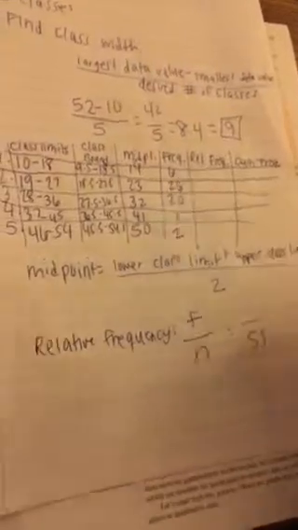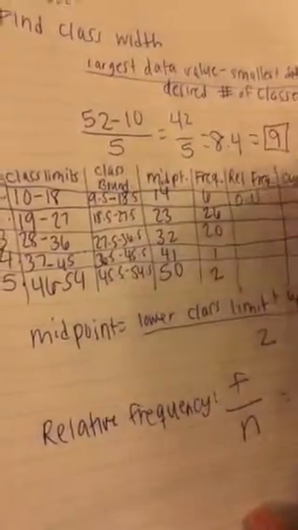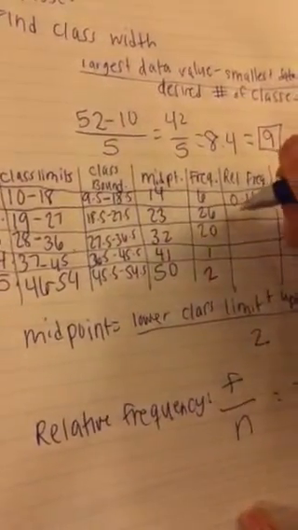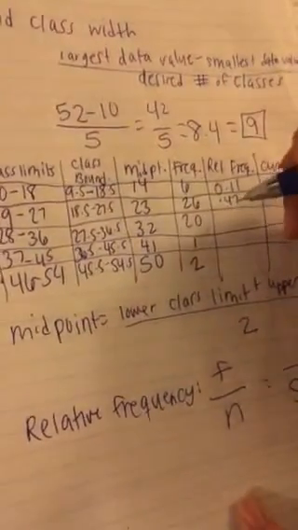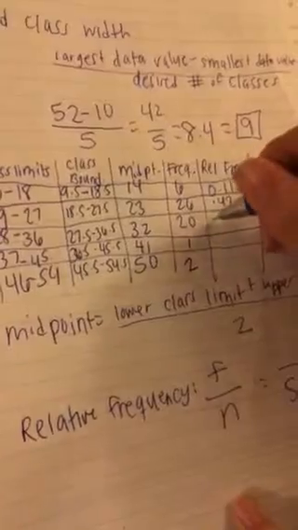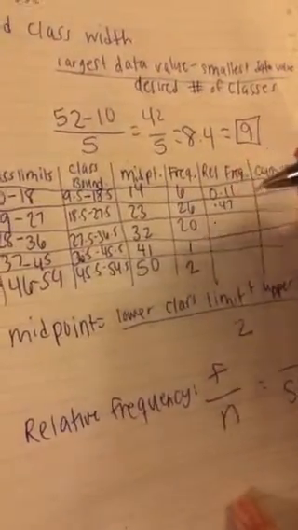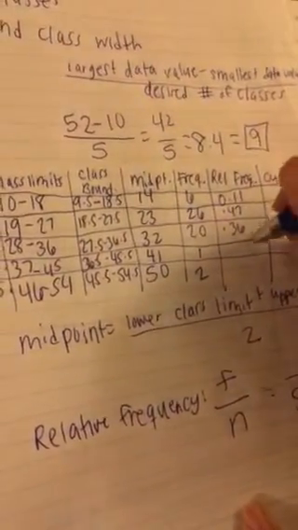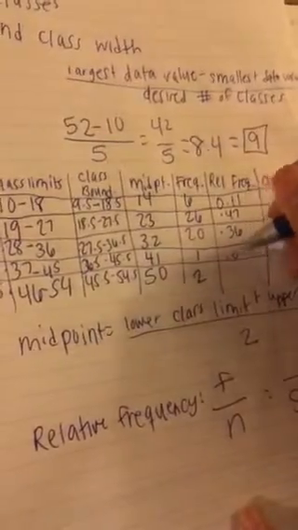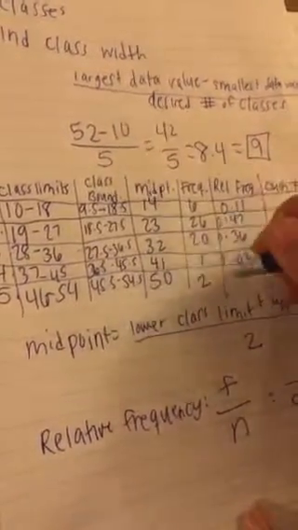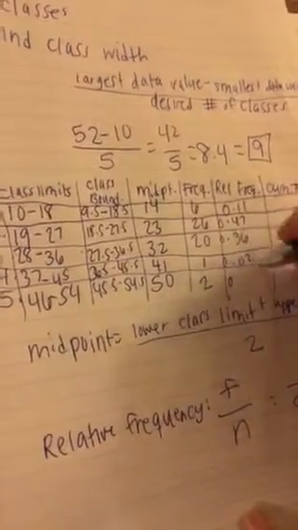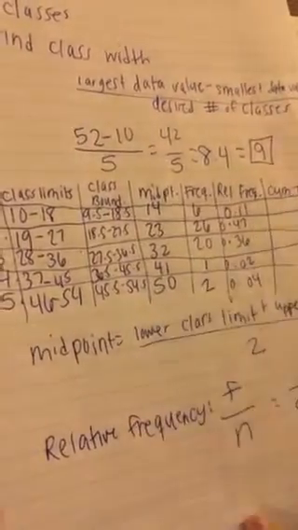So for the first one, you'd have 6 divided by 55, which gets you 0.11. 26 divided by 55, which is 0.47. Then 20 by 55, which is 0.36. Then 1 by 55, which is 0.02. And then 2 by 55, which you get 0.04. And those are your relative frequencies.